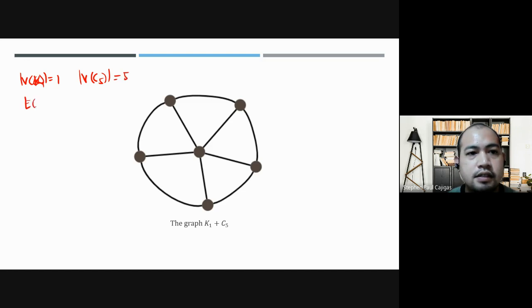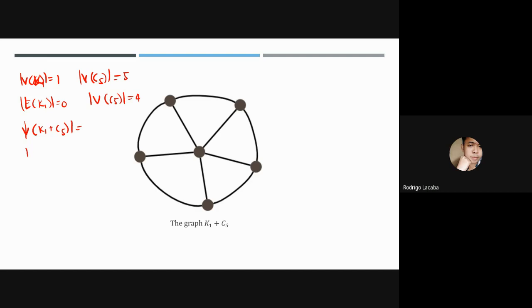An edges of K1 is 0 and edges of C5 is 4. So pira na iton edges it K1 plus C5? 6, sir.